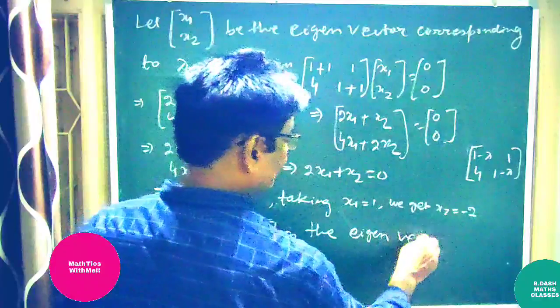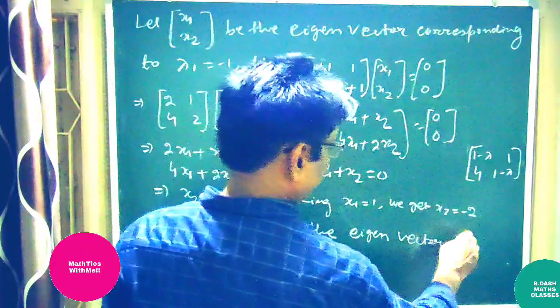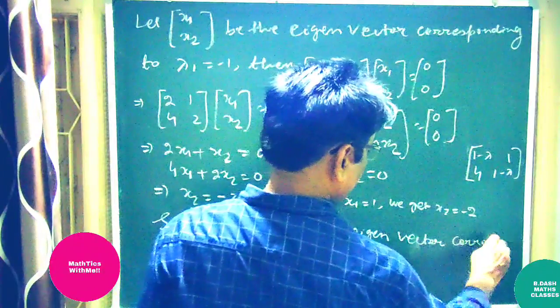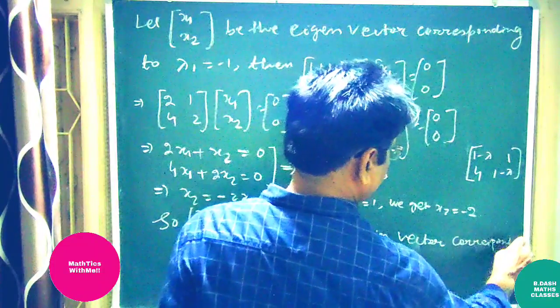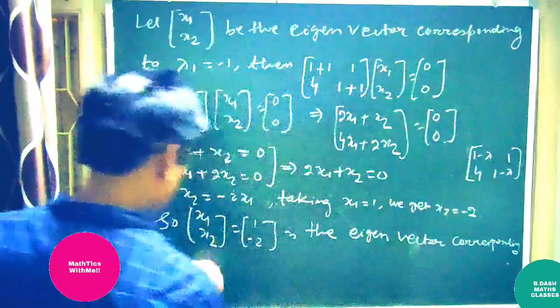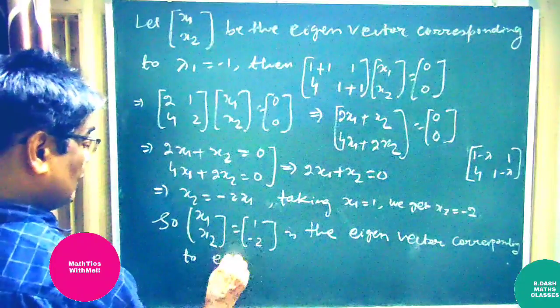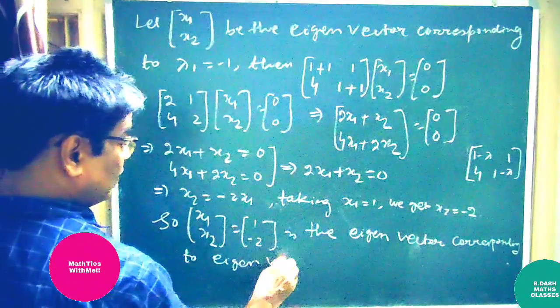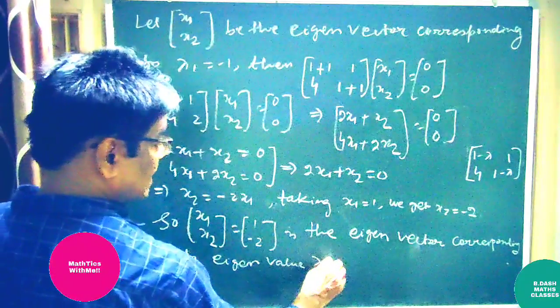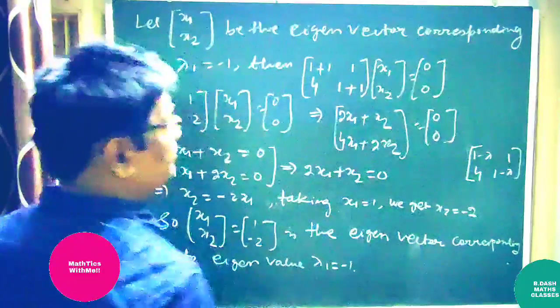eigenvector corresponding to eigenvalue lambda 1 is equal to minus 1.